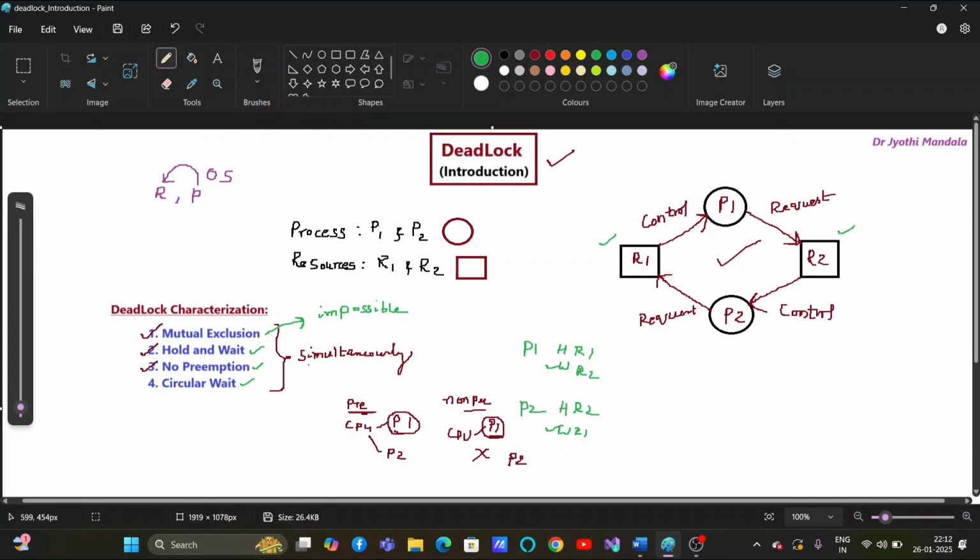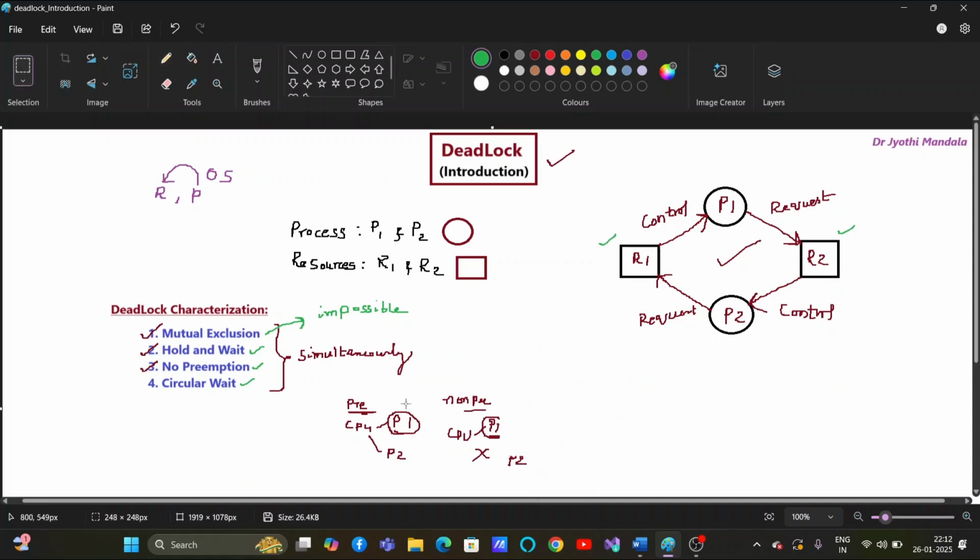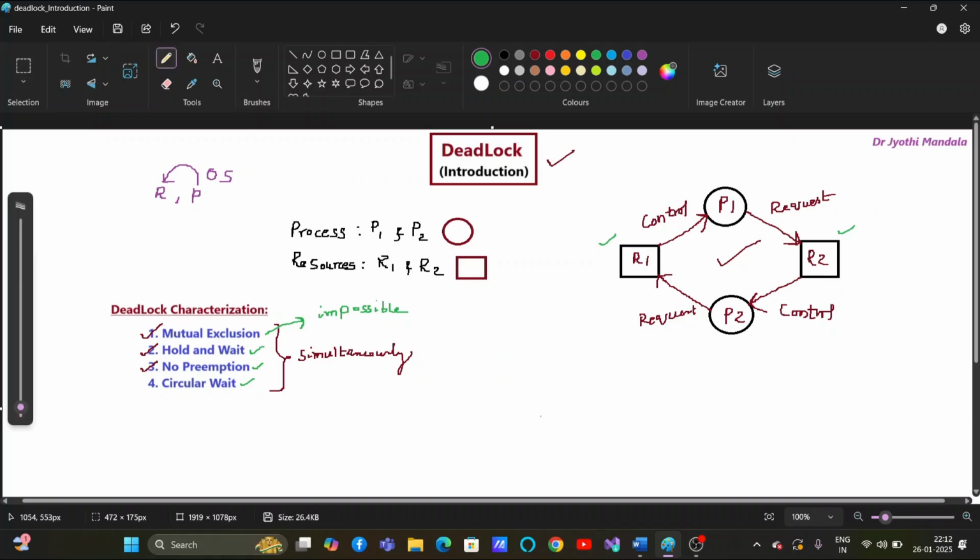Suppose there is a no preemption concept, that means if a process has been assigned one resource, for example P1 is assigned one resource, until its execution is completed, it will not release this resource. Because of that only we got this deadlock.